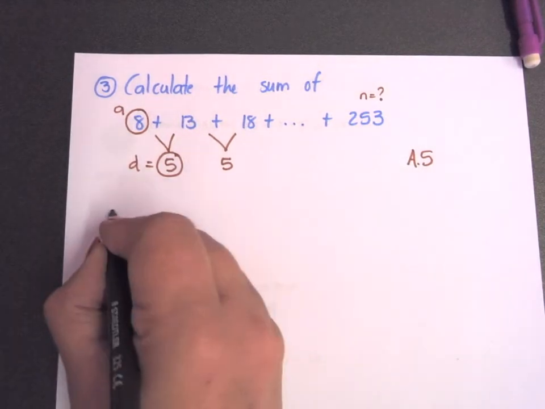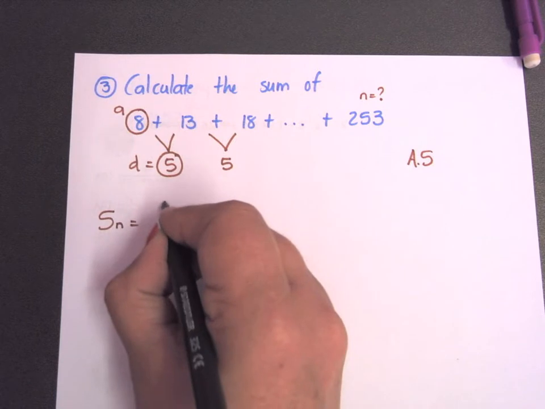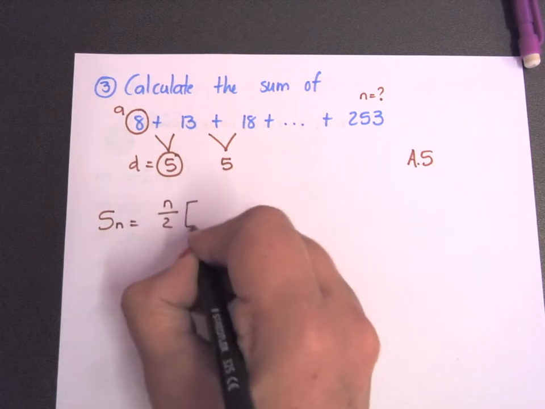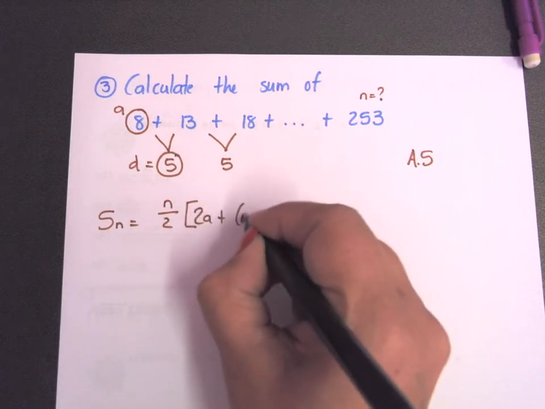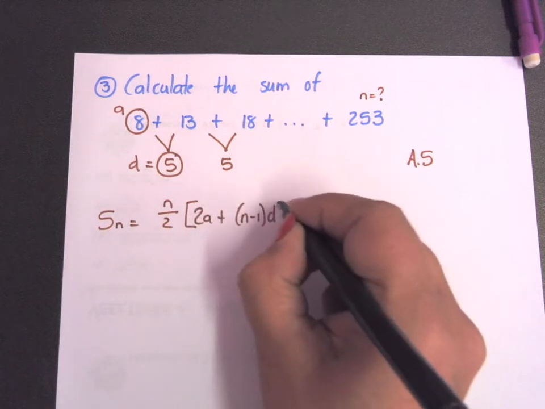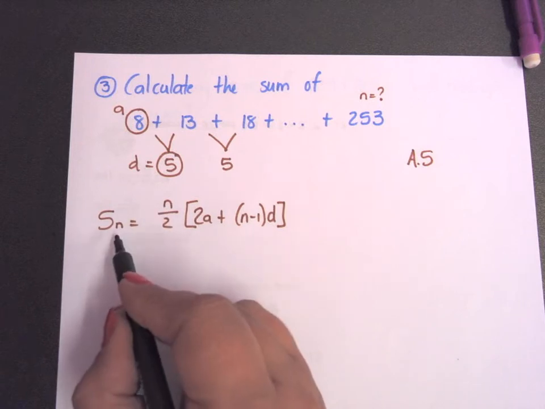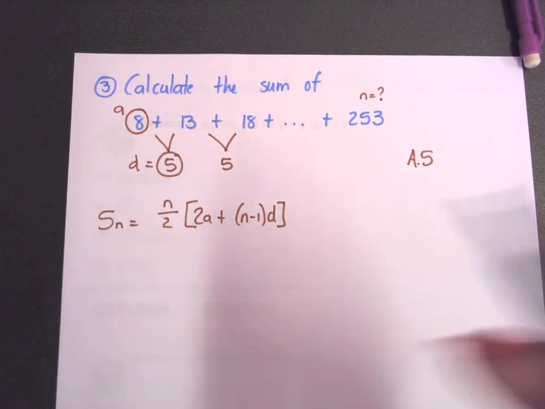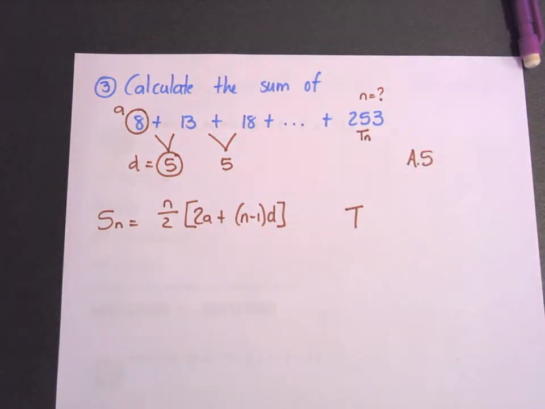First, to calculate the sum of n terms, we write our formula. It's n over 2 times 2a plus n minus 1 times d. We don't know what n is, so we have to work out n. This is term n, the last term of the series.